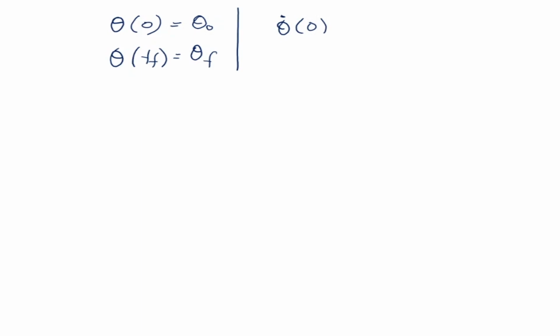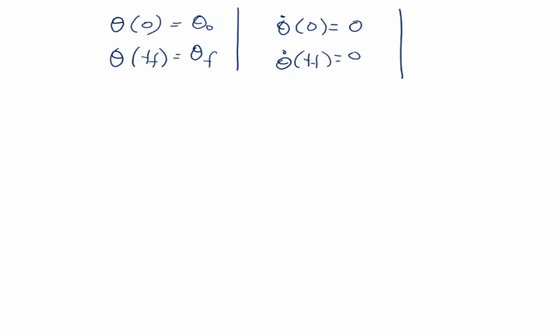Now let's look at the constraints. At time t equal to 0, the location is theta naught, and at time t equal to tf, it is equal to theta f. So there are two constraints here. The other two are velocity constraints: at time t equal to 0, the velocity is equal to 0, and at tf it is equal to 0.